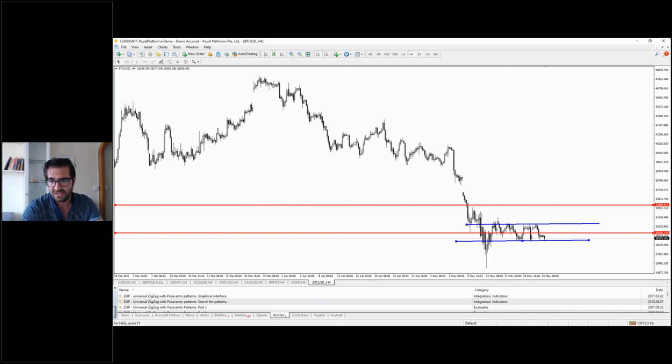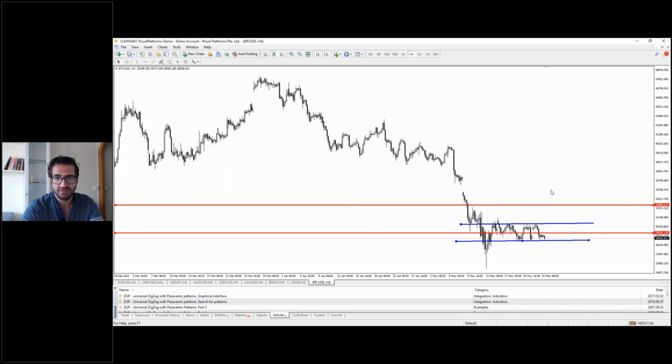So I will repeat, if the market manages to break this consolidation period and break those swing highs here, the upper side of the range, we might see it moving until 32,800. But for now, the positive momentum is weak.